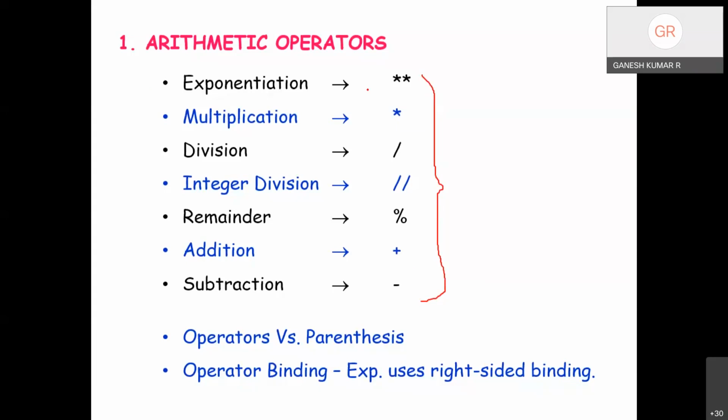The exponentiation operator is represented by a double asterisk. A double asterisk sign is an exponentiation operator, otherwise also called the power operator.